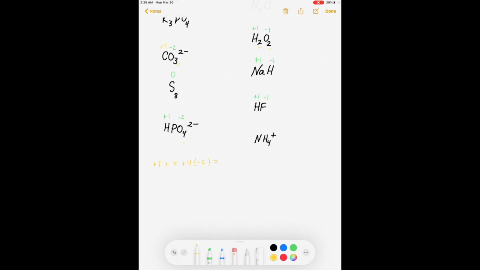It has to equal the charge of the species, which is negative 2. So doing some basic, good old-fashioned algebra, you get 1 plus x minus 8 is equal to negative 2. And so x is equal to, 1 minus 8 is minus 7, then add that 7 to both sides, and you get plus 5. And there it is. We now know that this phosphorus here has to be plus 5.